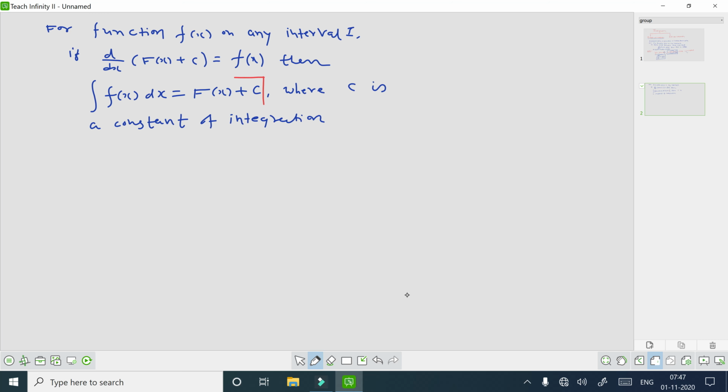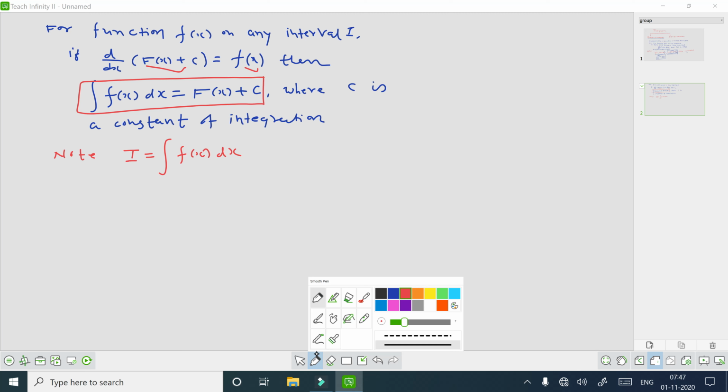Now see, keep this in mind: if d by dx of capital F of x plus c is equal to small f of x, then the integral of f of x dx is equal to this much. Now let us see one note. Usually the integral is denoted by integral f of x dx. Clear?